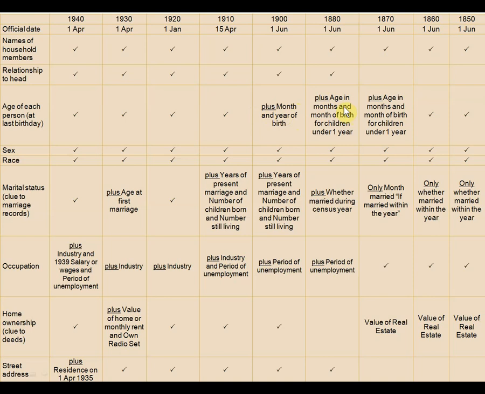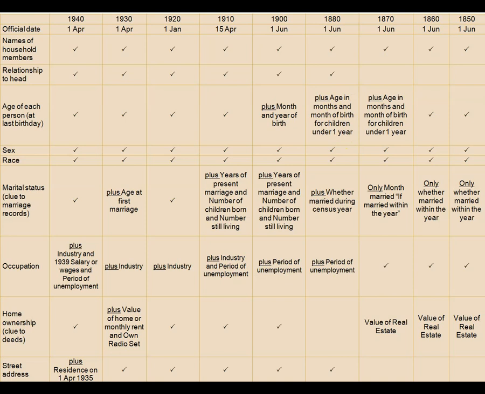The 1880 census lists the age in months and the month of birth for children under 1 year. So if you have an ancestor who was born in the 1880s, there's a 10% chance that you'll find their month and year of birth listed in either the 1880 or the 1870 census.